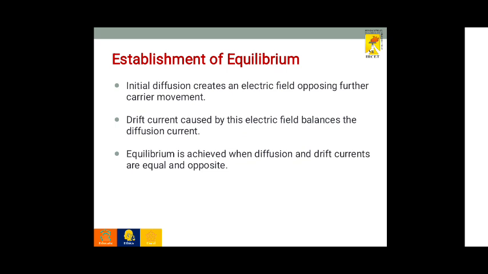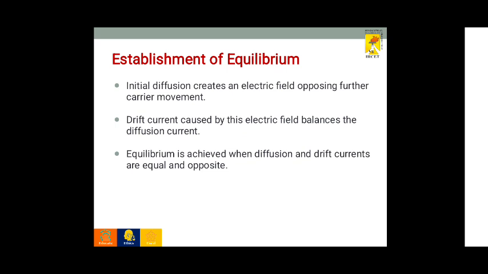The equilibrium is reached when the diffusion current and the drift current are equal and opposite. That is what we call equilibrium at this point.